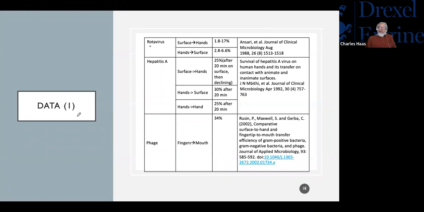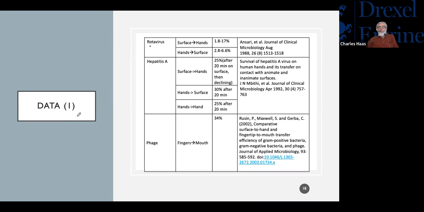So in the next 2 slides, I've extracted some data for you and some references. People have measured this for a variety of viruses. Unfortunately, not yet for SARS, but for rotavirus, Ansari et al. measured 1.8 to 17% surface to hands, 2.8 to 6.6% hands to surface.